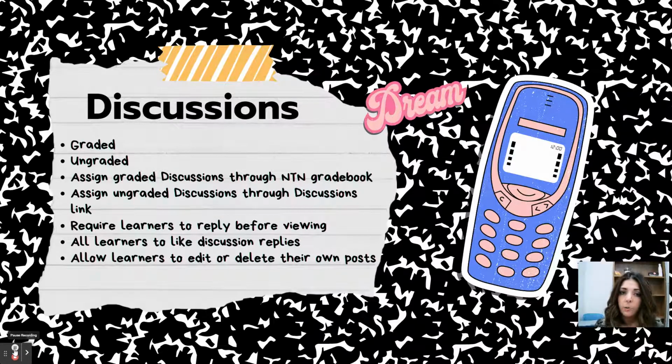Or if they're not graded, you're going to assign them just through discussions. You can require your learners to reply before viewing, which may or may not be helpful. You can allow learners to like the discussion replies, and you can also allow learners to edit or delete their own posts.